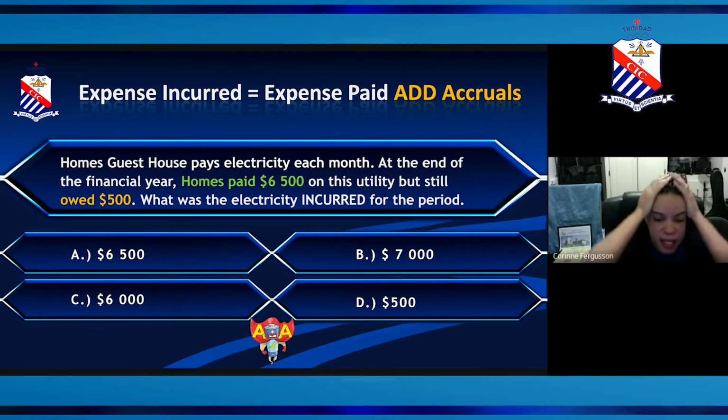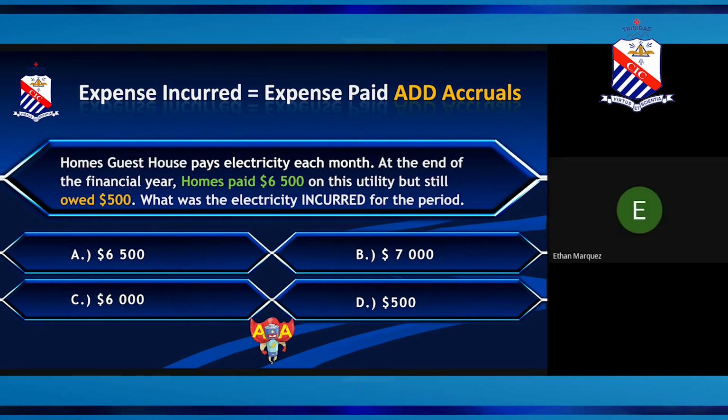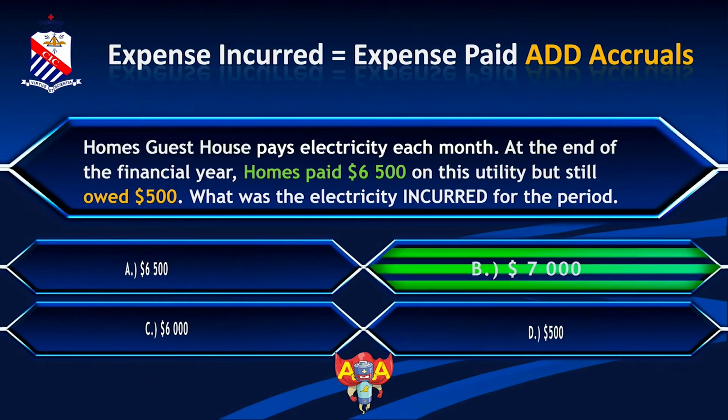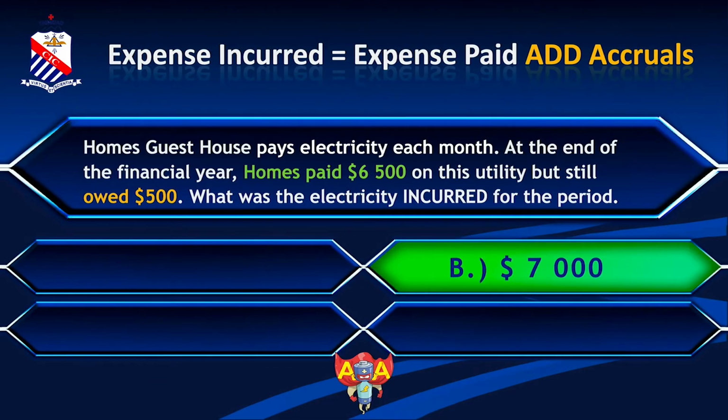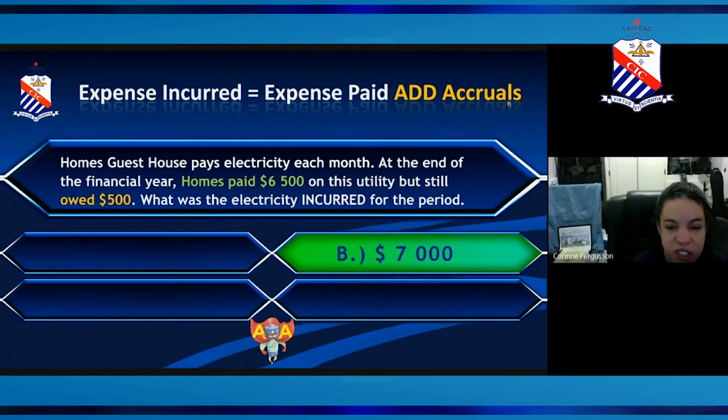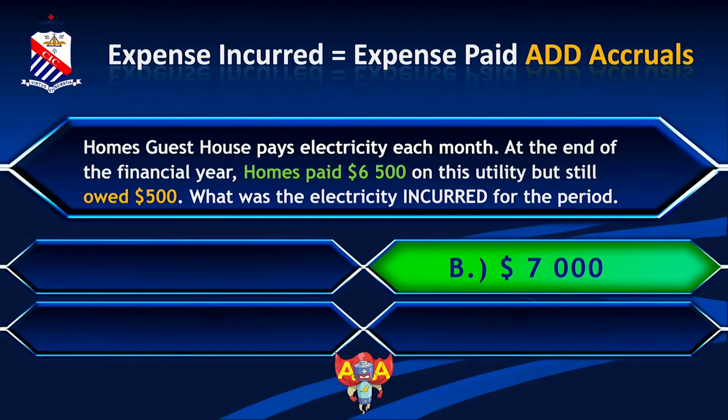The period in this case is a month, guys. So once again, they paid $6,500 and they had an accrual of $500. So what are we supposed to do? You always add accrual. So 7,000, which was the answer given just now. So as easy as that, add accruals.